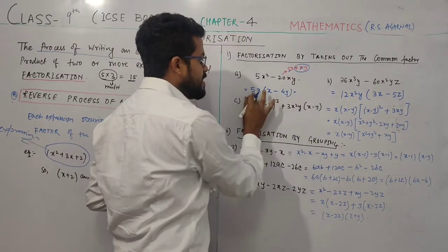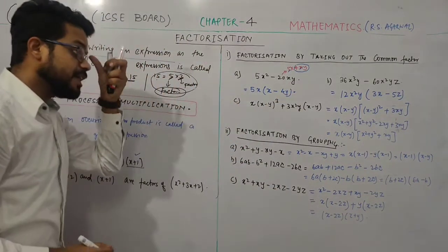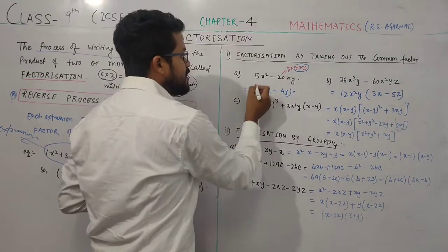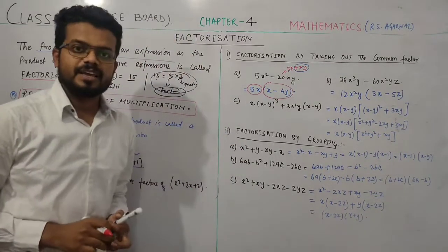So the answer is 5x into (x minus 4y). This one factor is 5x and the other factor is x minus 4y.